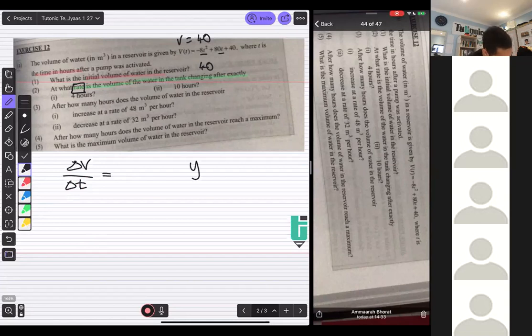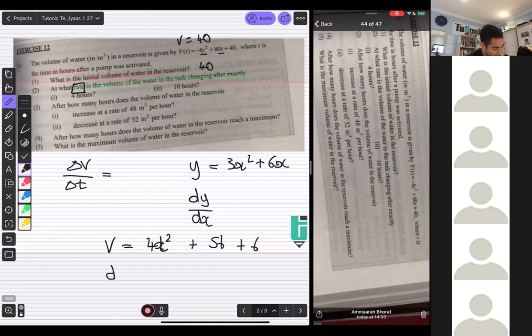If you've got a function 3x squared plus 6x, what's the derivative of this one? dy over dx. If you've got an equation V equals 4t squared plus 5t plus 6, what's the derivative? dV over dt.